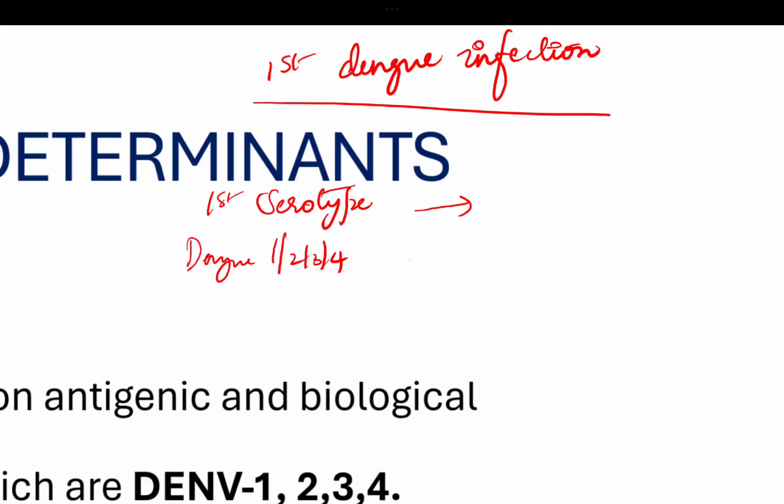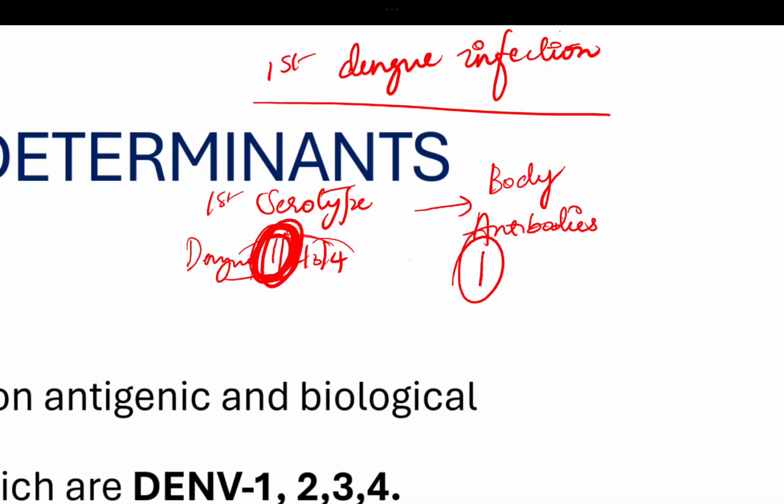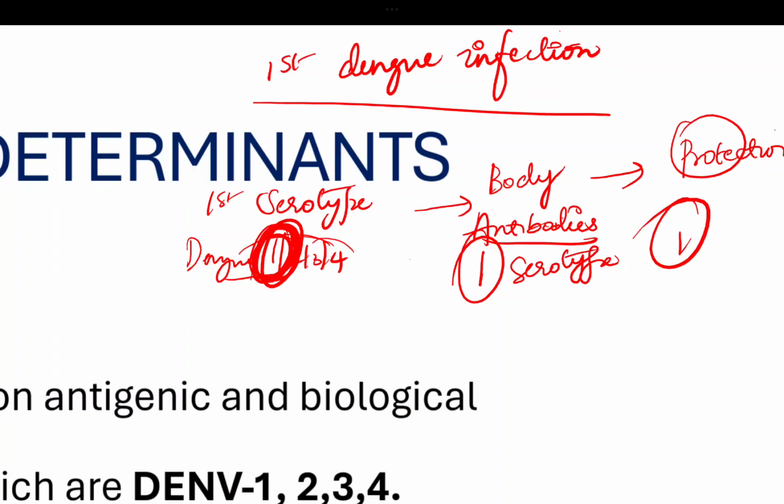Whenever the dengue virus, either of it, is affecting the body, it will start to form antibodies. Antibodies are formed against that particular serotype. Now let's assume dengue virus 1. So the antibodies are formed against the dengue virus 1 serotype. Now these antibodies are providing the protection against only dengue virus 1. They won't provide protection against 2, 3 and 4.